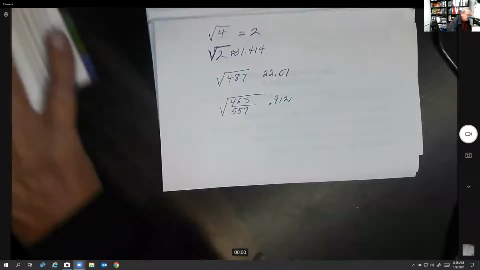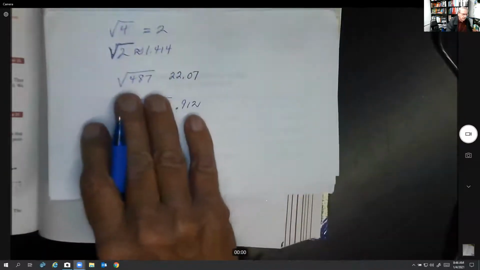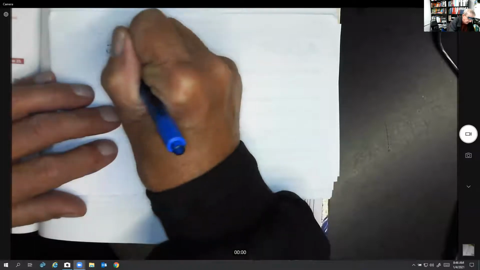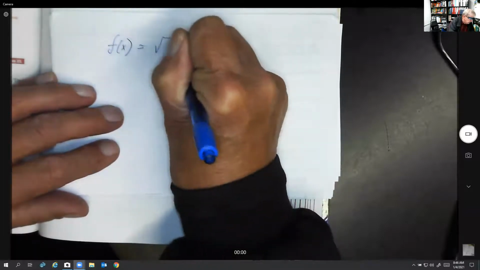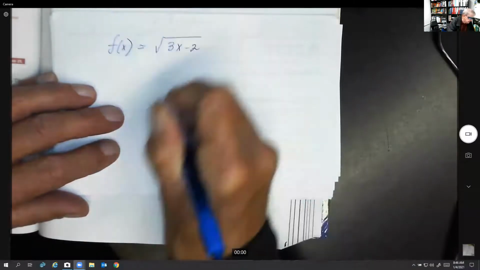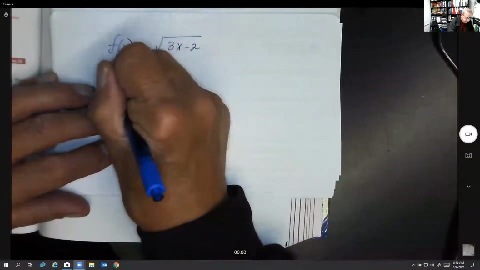All right. I'm just following along in the book, and on example 14, it says for the given function, find the values. Function of x equals the square root of 3x minus 2. Find function 1.